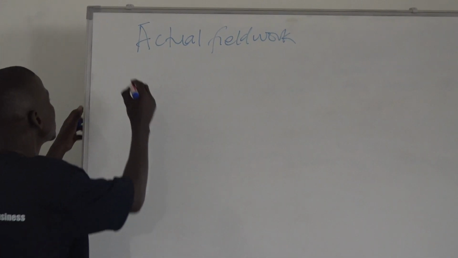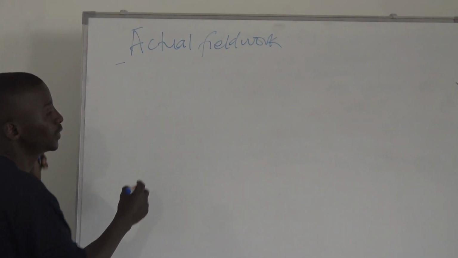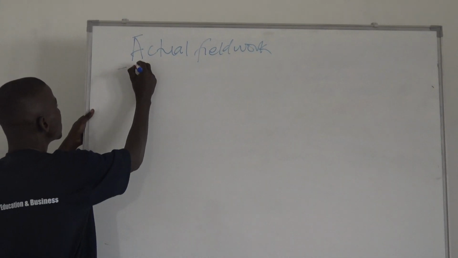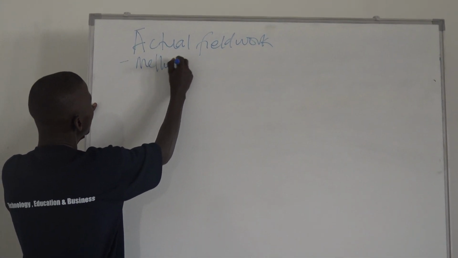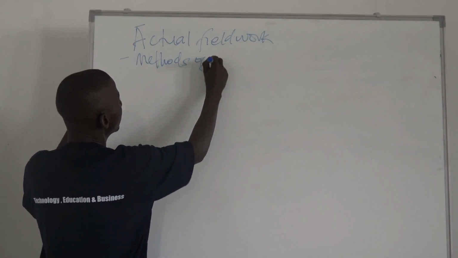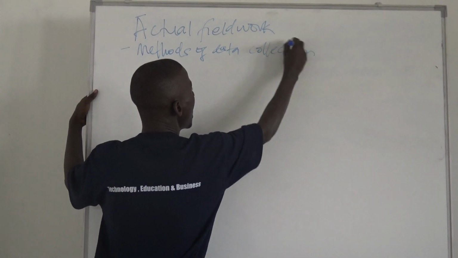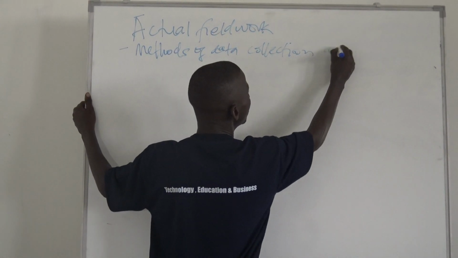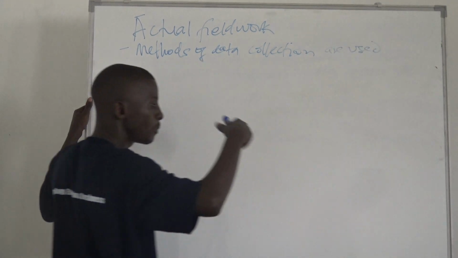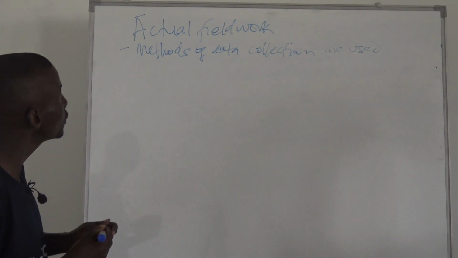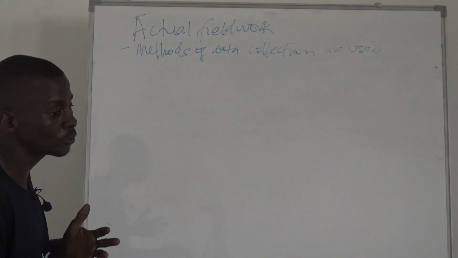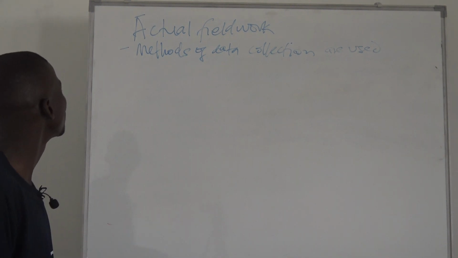It is in this stage that all the methods of data collection are used. As you are preparing for which methods you are going to use, you will get out what you are going to use, leave out what you are not going to use.